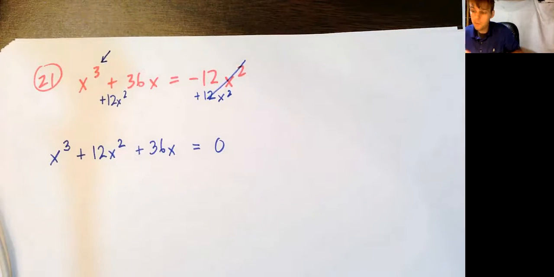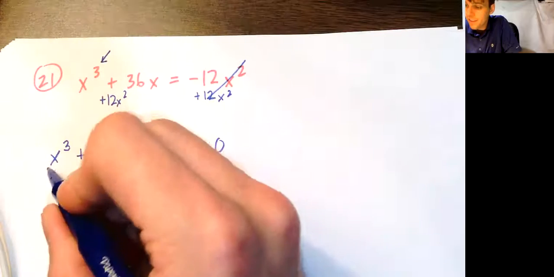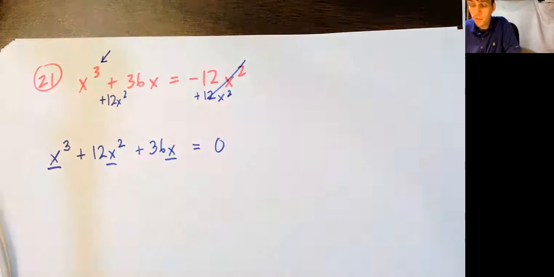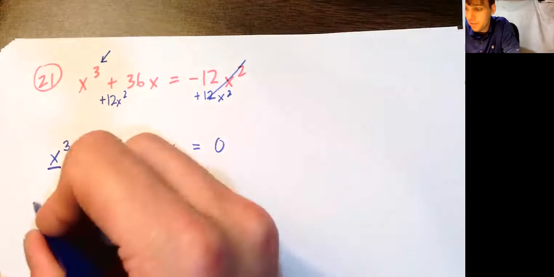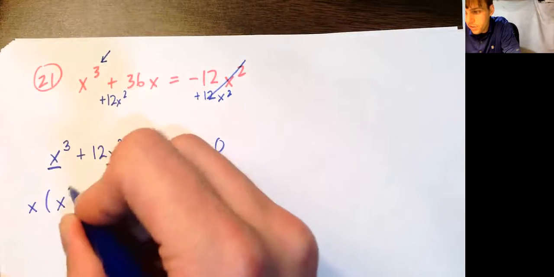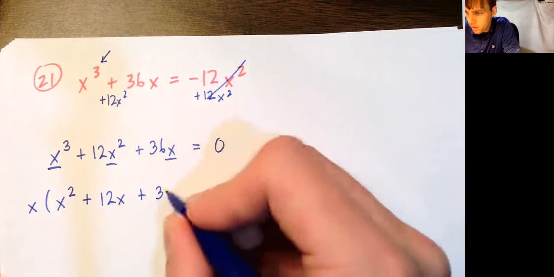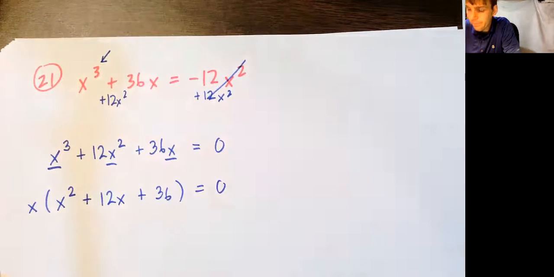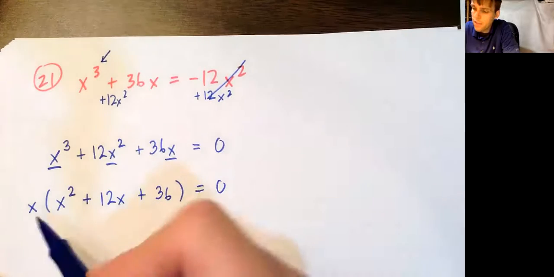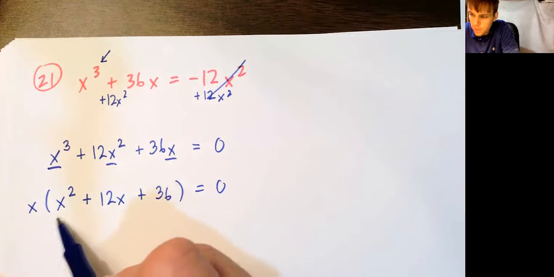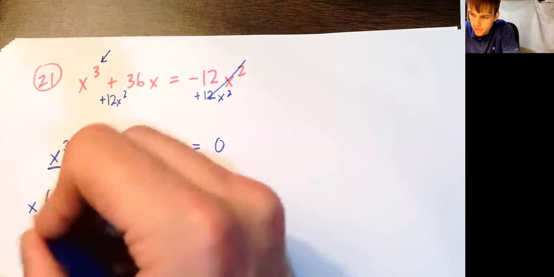Similar to problem number 1, the thing I notice here is we have x's on every single term, so I can factor an x out. That leaves me with x squared, 12x, 36. All right. This one, the factoring is going to be a little bit easier. So I've factored out this one right here.